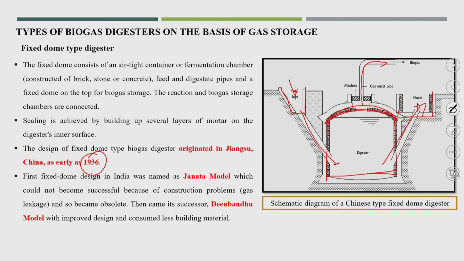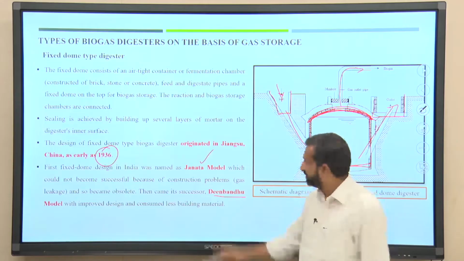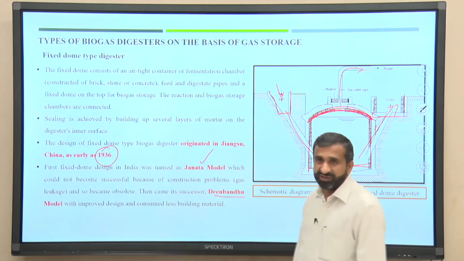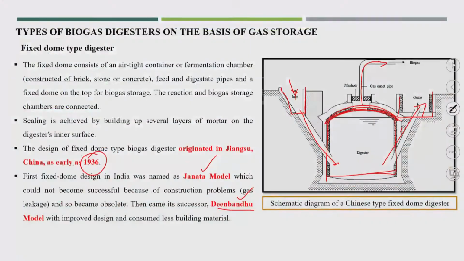The major problem was gas leakage, because the sealing on the dome must be proper, and that model became obsolete. Then came its successor, the very popular Deenbandhu model, with improved design and less building material consumed. So remember these two points: the first model was the Janta model, similar to the fixed dome, and the modified one is the Deenbandhu model.